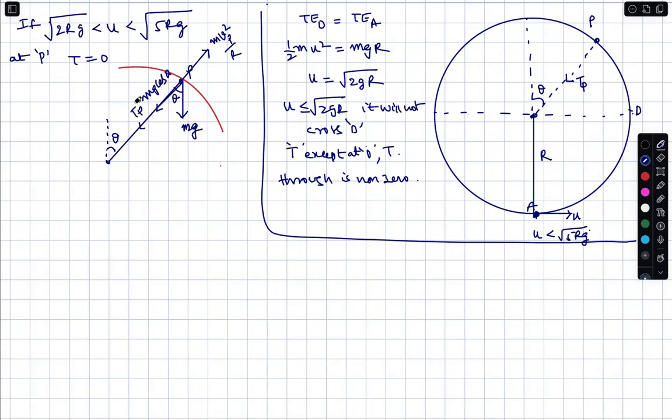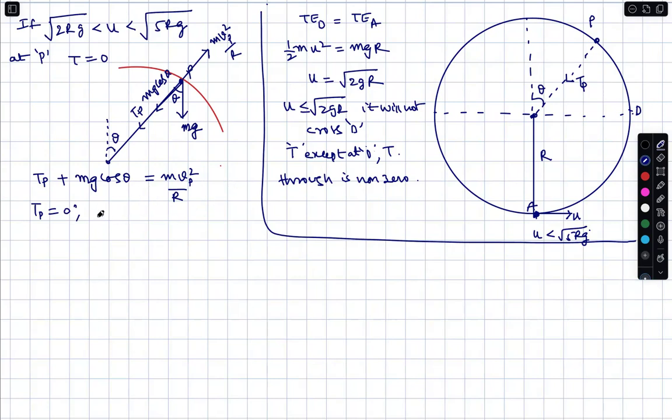So tension at P plus mg cos theta is equal to mVp square by R. If Tp is 0, the string slacks.